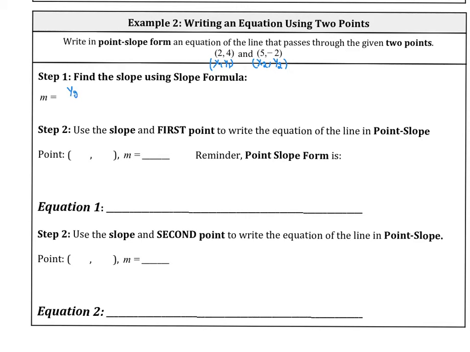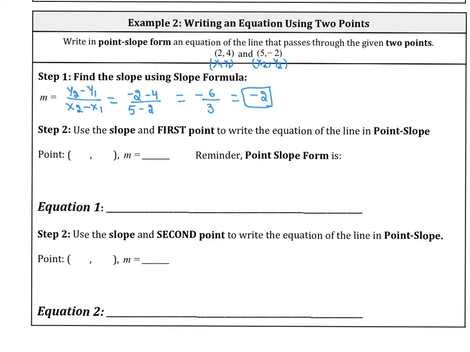The formula is y2 minus y1 over x2 minus x1. So -2 minus 4 divided by 5 minus 2, that is -6 divided by 3, which gives you -2 as your slope.